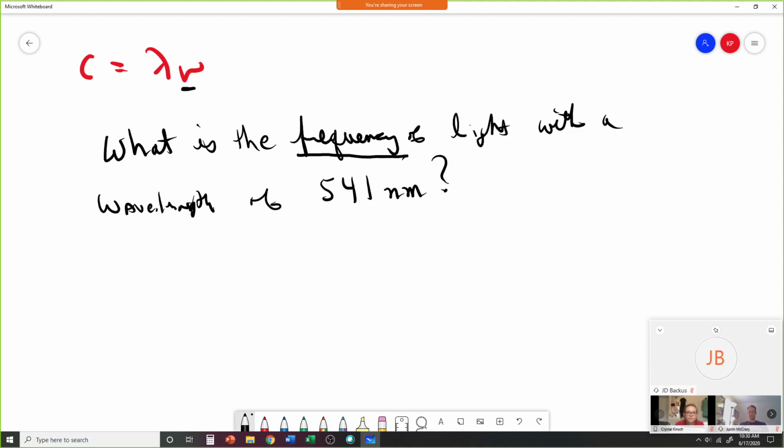I'm just going to copy this down here, and I'm going to say that the frequency is c over lambda. There it is. Now, if you just simply plug in the speed of light, 3.00 times 10 to the 8th, and then divide it by 541, you will get an answer, but it will be wrong.